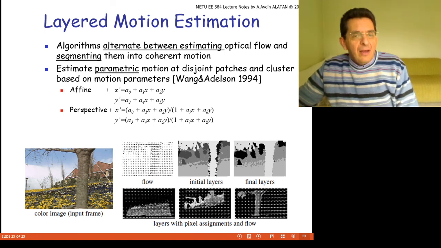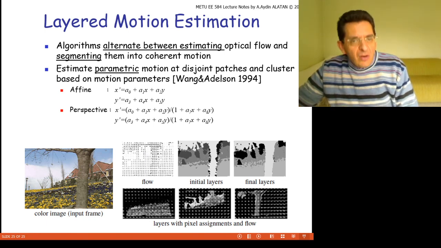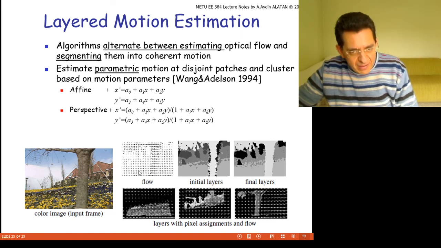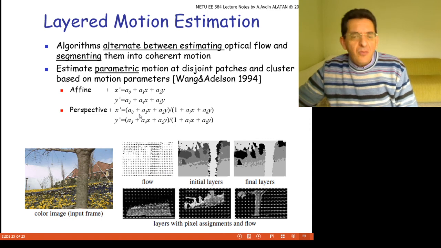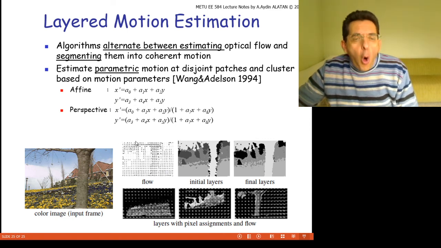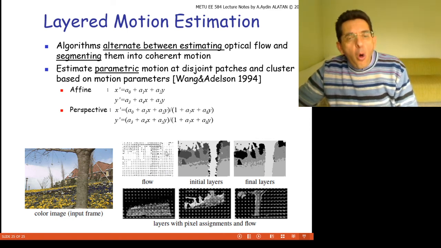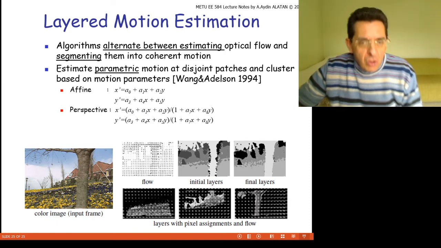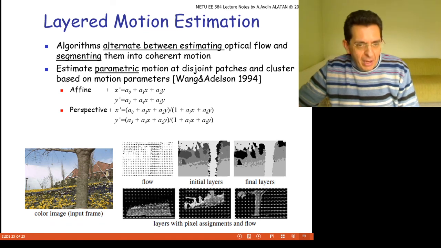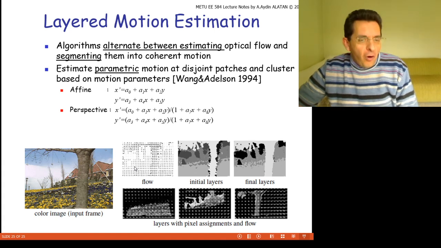Okay. The first thing we're gonna do is we will try to fit a perspective model to hold all these motion vectors together. If you do so, you will obtain nothing but a good fit for the general motion that we obtain.